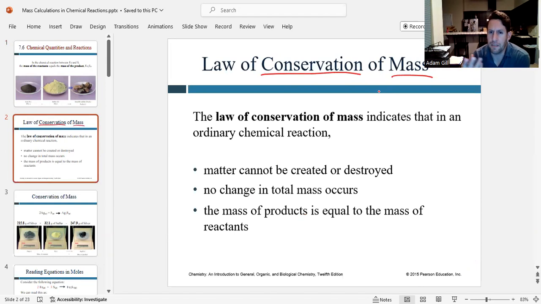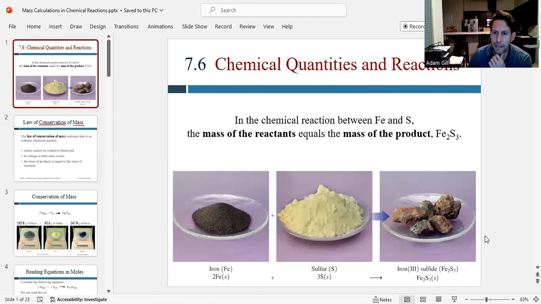And this basically means that in a chemical reaction, we're not creating or destroying matter. Like the Lego example I used last time, we're just rearranging the Legos to make a new set, but we're not creating something from nothing. And so the mass of the reactants has to equal the mass of the products.